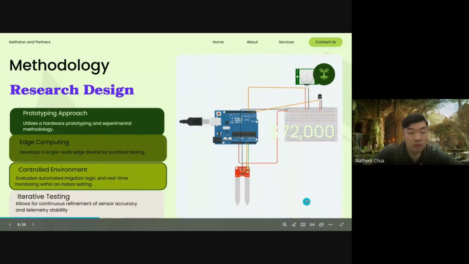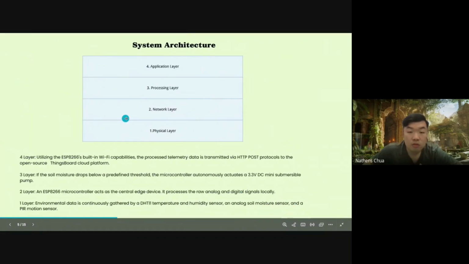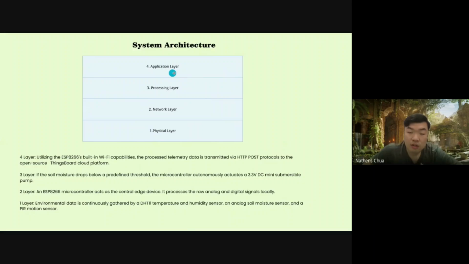Okay, next. So this is our four-layer system architecture. The four layers utilize the ESP8266 MCU's built-in Wi-Fi capabilities. The processed telemetry data is transmitted through the HTTP POST protocol to the open source ThingSpeak cloud platform.